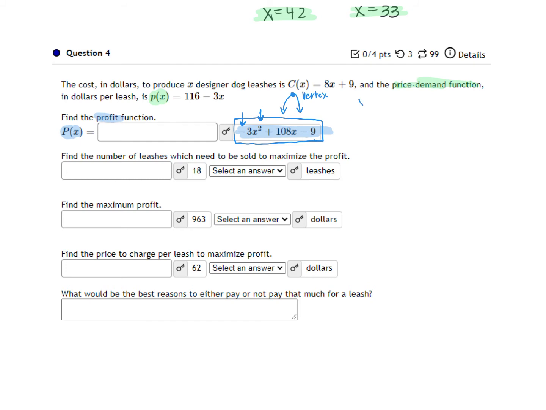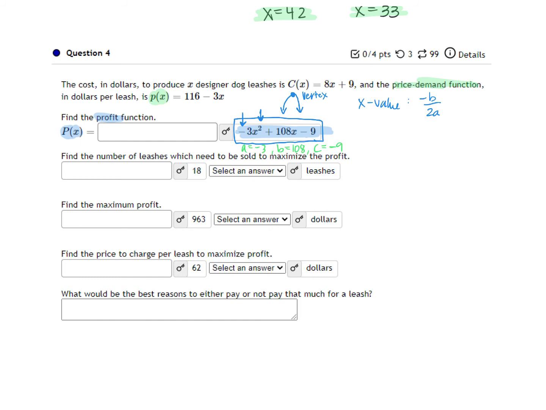If you remember, the x value is found by using the formula negative b over 2a. Remember that a is in front of the x squared, so a is negative 3 in this case. B is in front of the x, so it's 108. And C is the constant, it's negative 9.